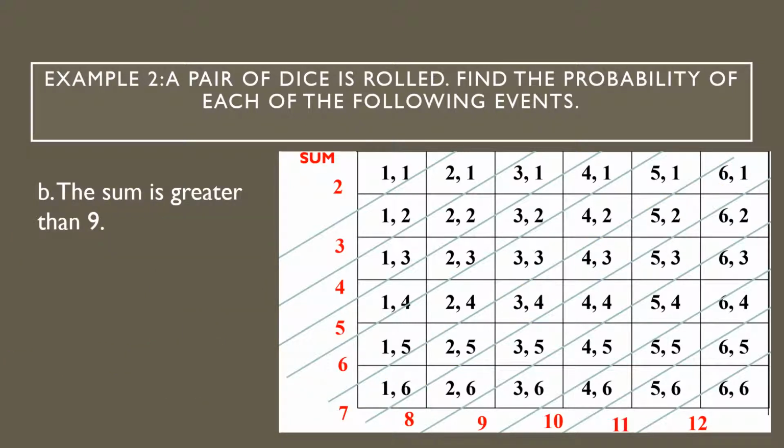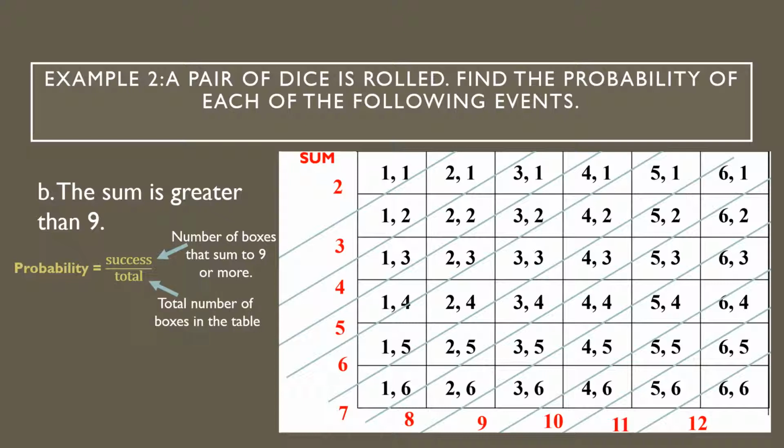Now let's look at the probability that the sum of the 2 dice rolls is greater than 9. Just like before, I'm reminding you that probability is success over total. Here, success is the number of boxes that sum to 9 or more, so greater than 9.